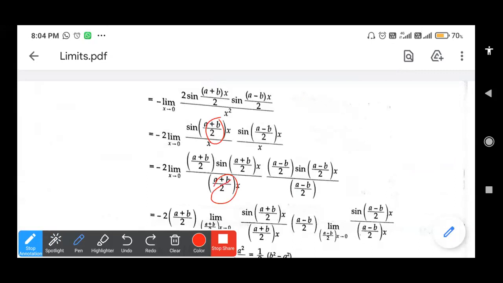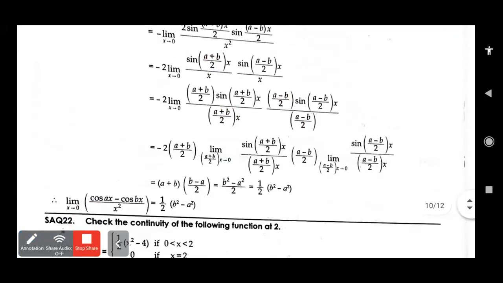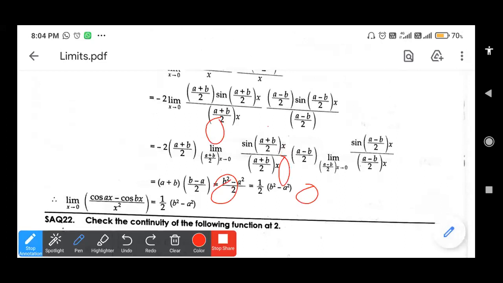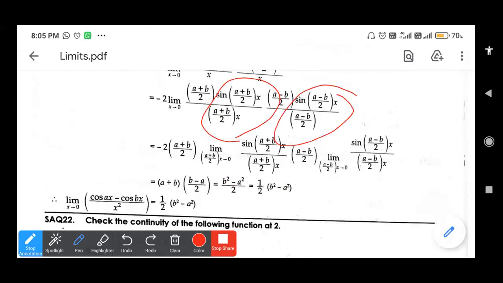Over here we are multiplying with (a minus b) by 2 and (a minus b) by 2. We are multiplying and dividing with this. After multiplying and dividing, we'll apply the limit. So this will become 1 and this will also become 1.